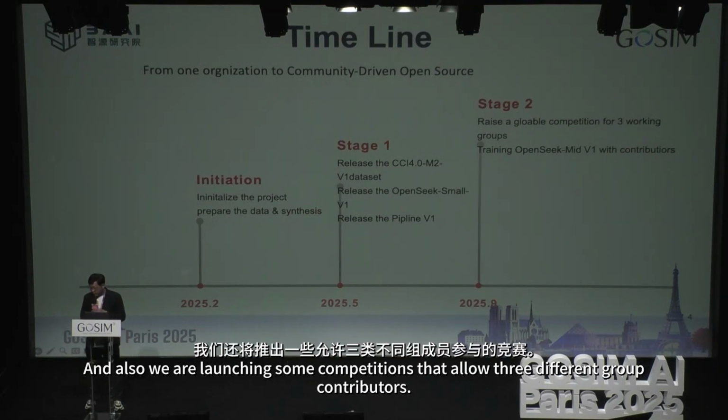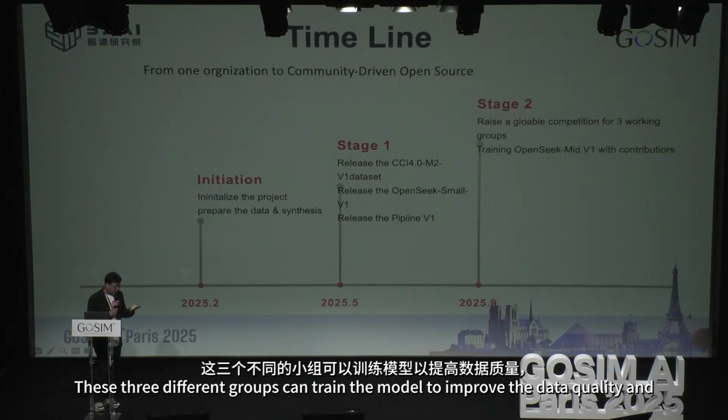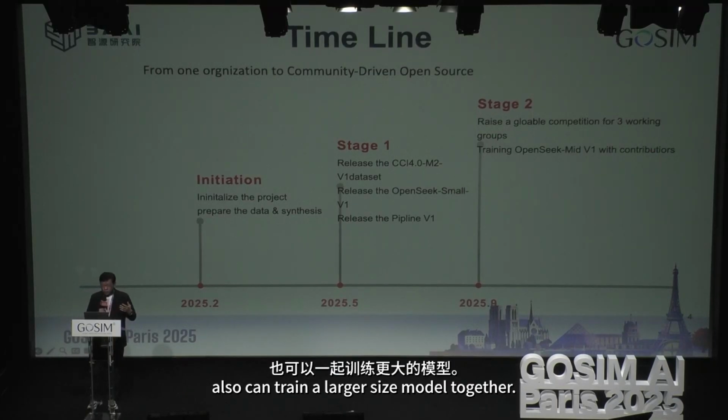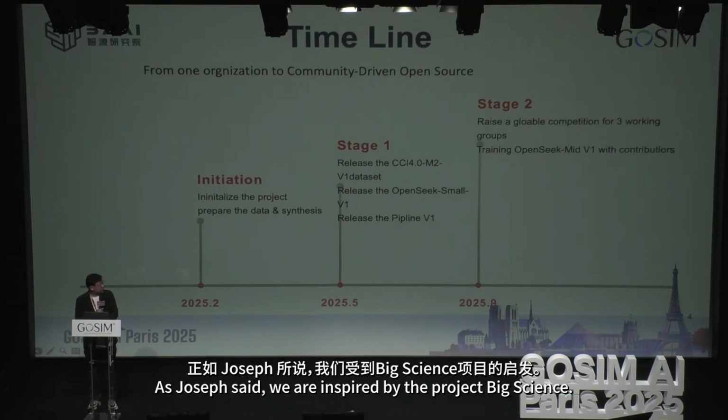And we are also launching some competitions that allow contributors in these 3 different groups to train models to improve the data quality and also to train a large size model together.